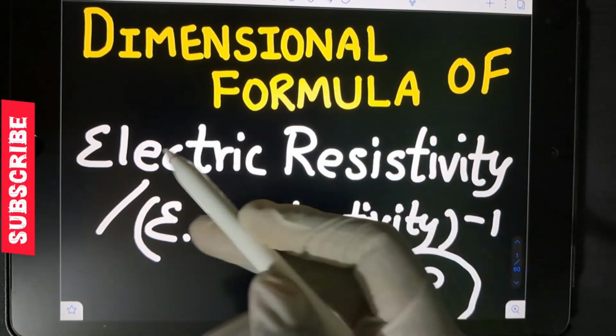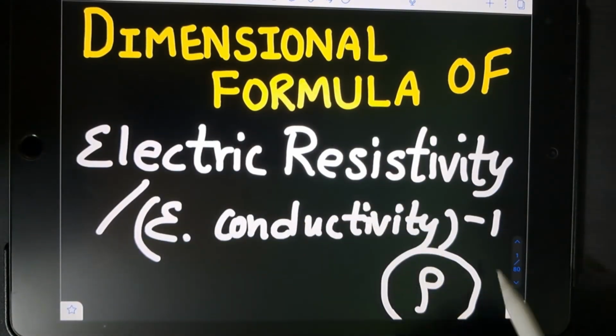To find the dimensional formula of electric resistivity, denoted by the letter rho.